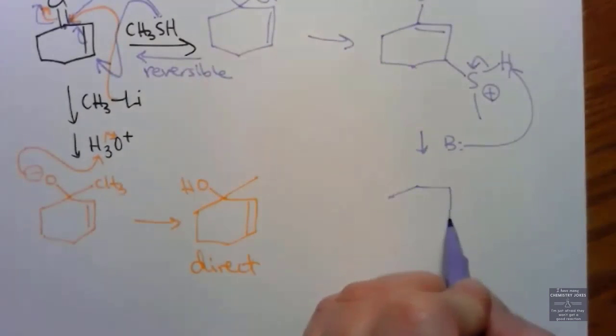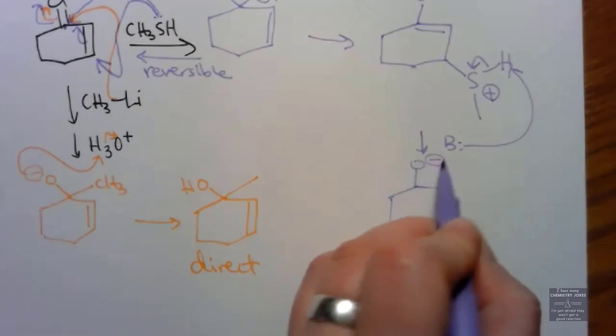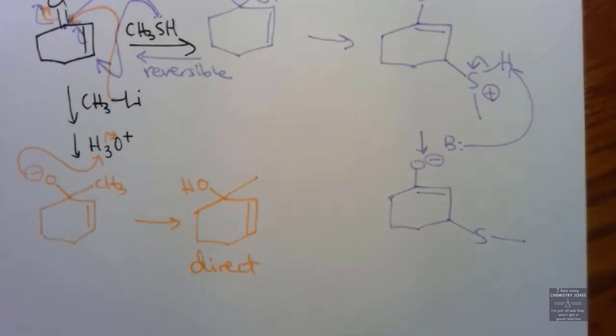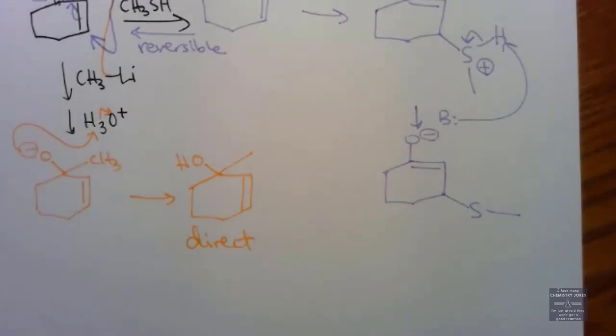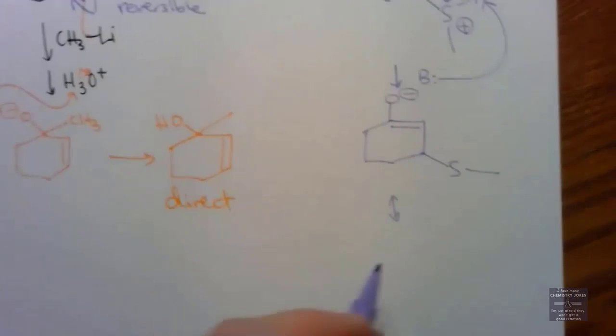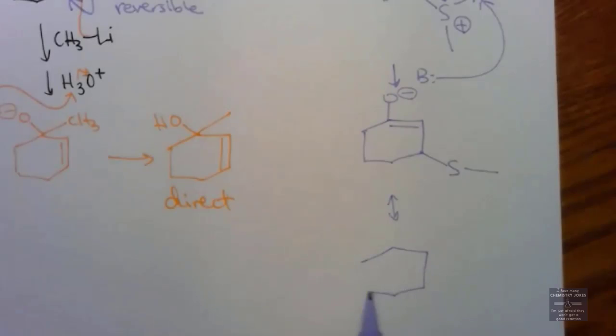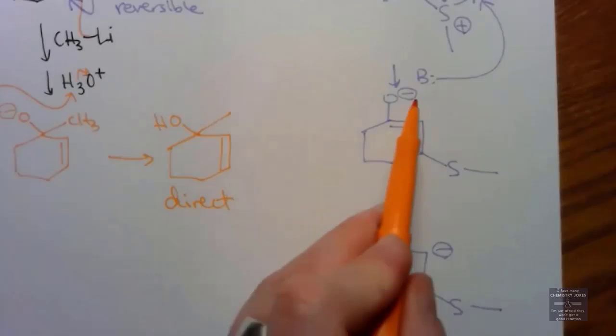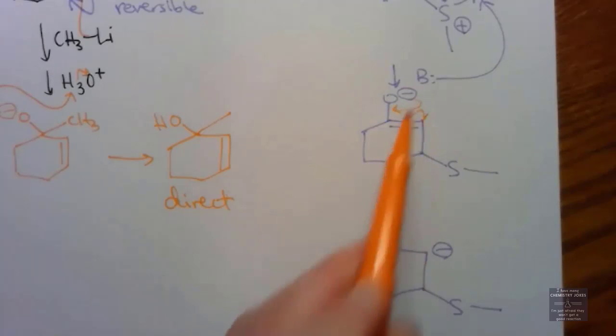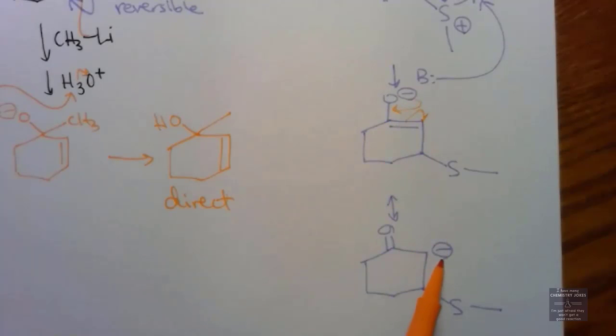And I get this thing. Well, this thing looks interesting and strange. I can draw resonance of this thing. The resonance makes a C minus out here instead of an O minus.